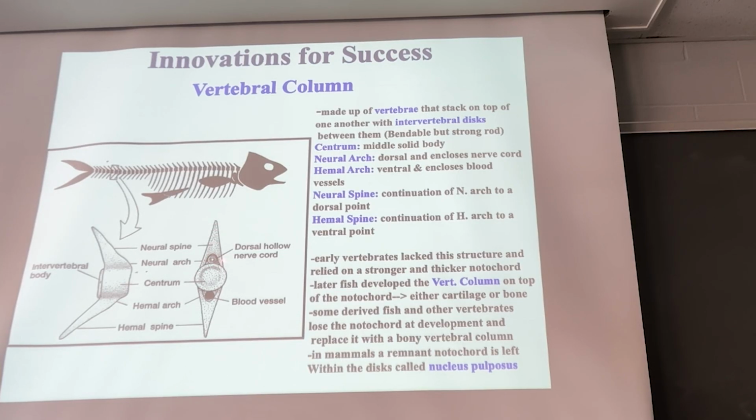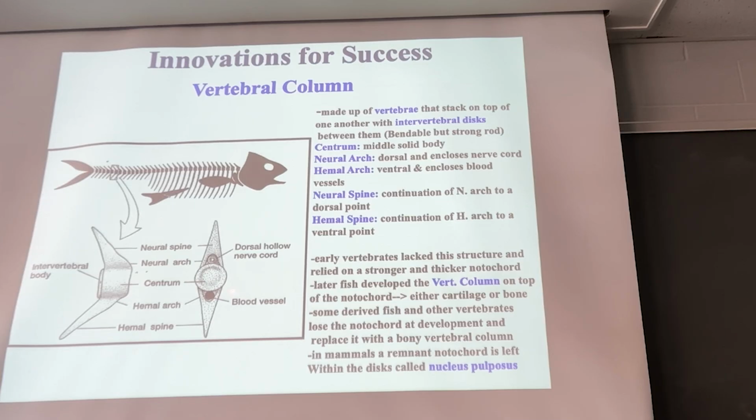And then there's going to be a hole or pore here, called an arch, which is going to be hollow and accommodate the dorsal hollow nerve cord. When you stack all these up really nicely, then all of the arches line up, forming a neural canal that the dorsal hollow nerve cord now can run through.